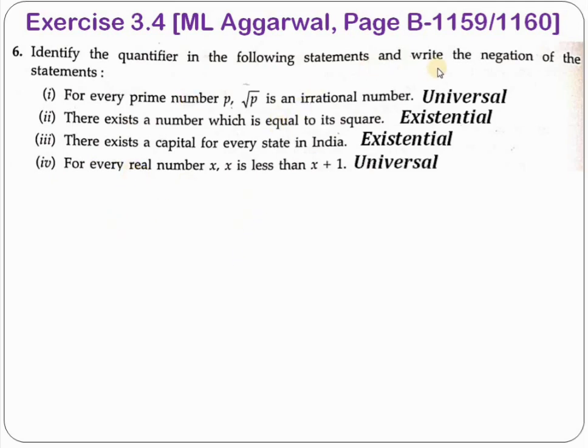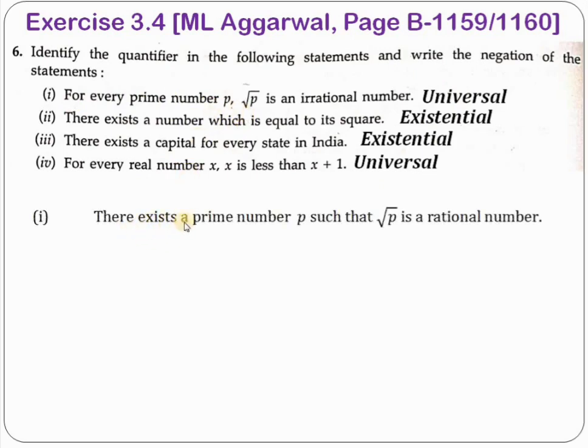The next part says write the negation of the statements. This is given to you, and you have to write the negation of this particular statement. Since there is a universal, the negation of universal will be existential. So instead of for every, there will come there exists.